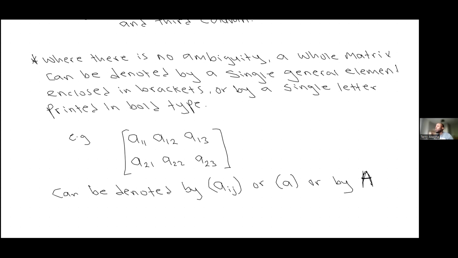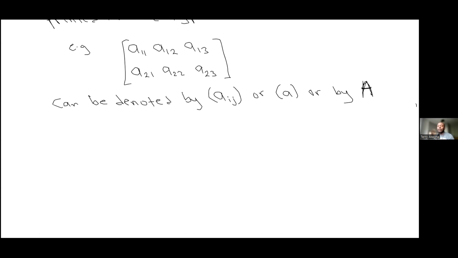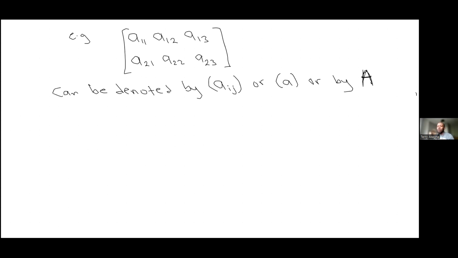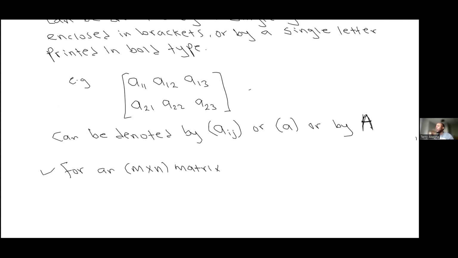Okay, so for an m by n matrix, like in this case, it's a 2 by 3 matrix, right? It's a 2 by 3 because it has 2 rows and it has what? 3 columns.